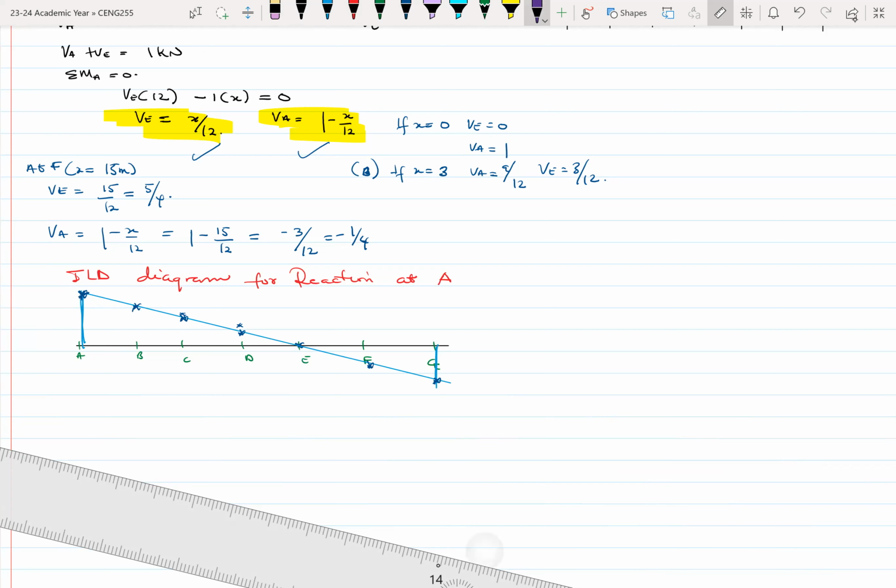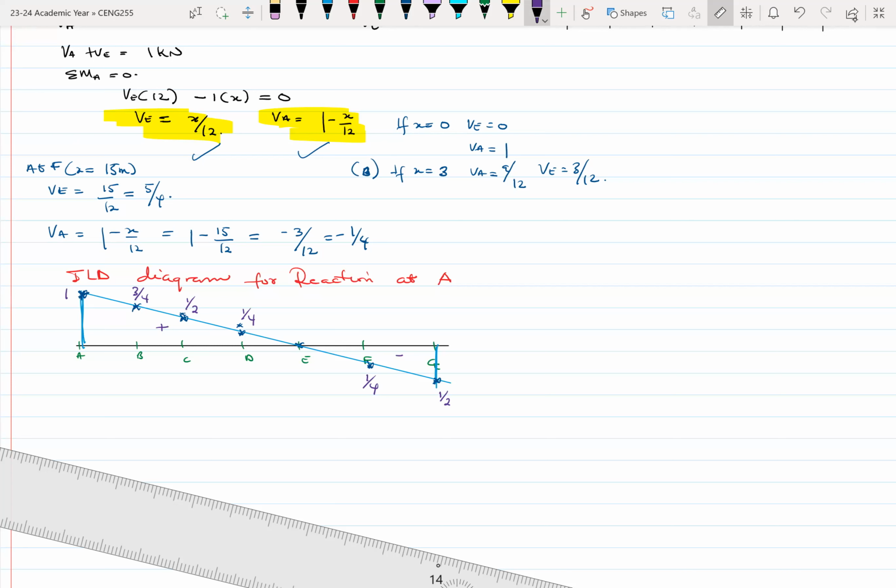So the values here will be half, 1 over 4. Here will be 1 over 4, half, 3 over 4, and 1. This is positive, and this is negative. All right.